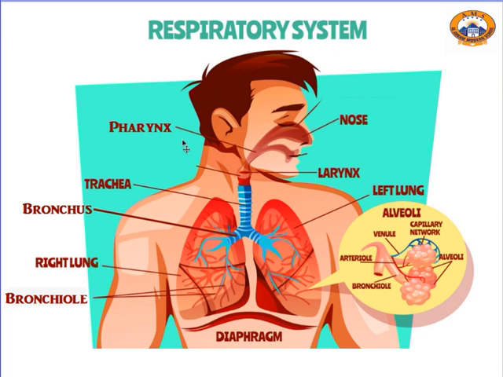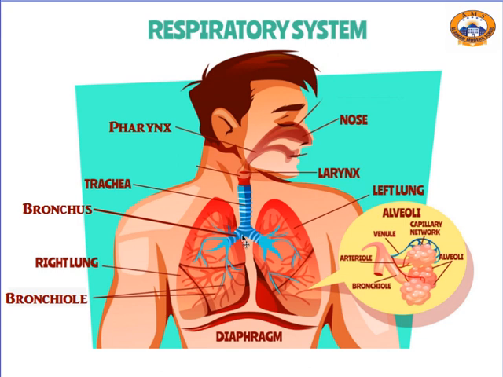Do you remember the word pharynx? Yes, it was also present in the digestive system. So the pharynx is a common organ which is present in both the digestive system and the respiratory system. After the pharynx, the larynx, sometimes called the voice box. Then comes a tube known as the trachea.